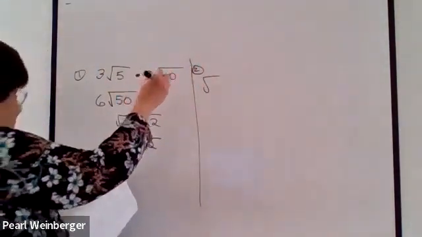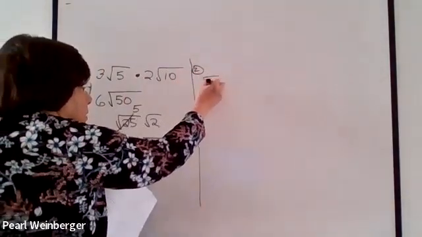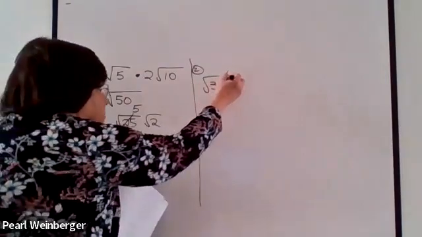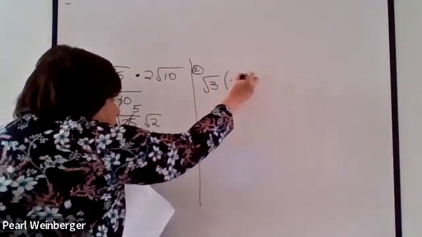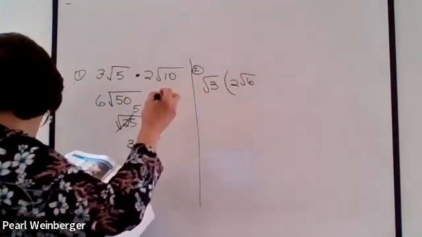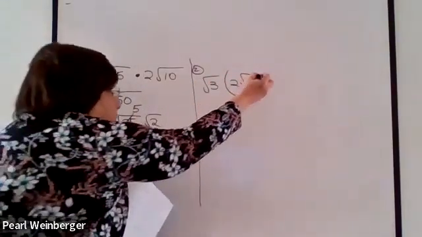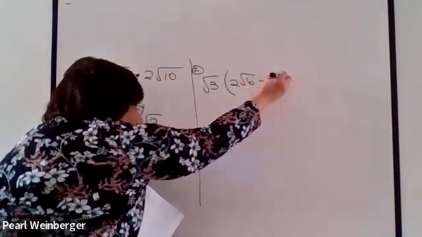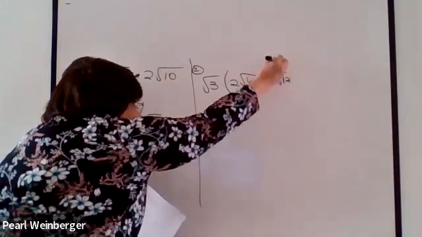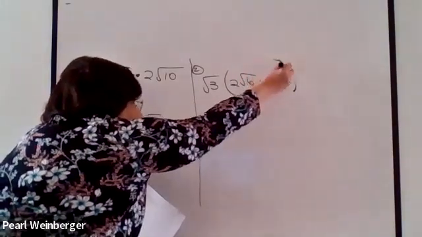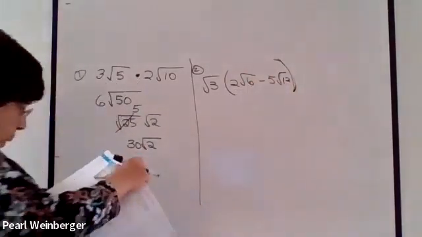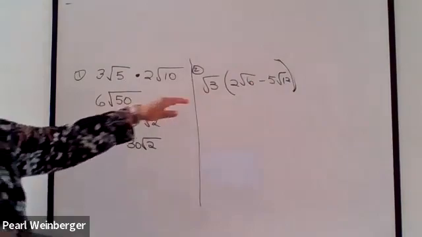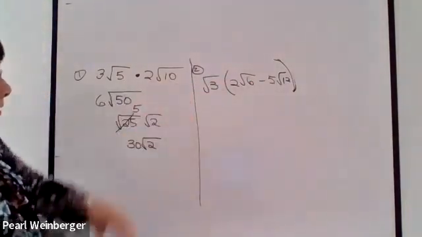We have the square root of 3, parentheses, 2 radical 6, minus 5 radical 12. What if we wanted to simplify or multiply this?